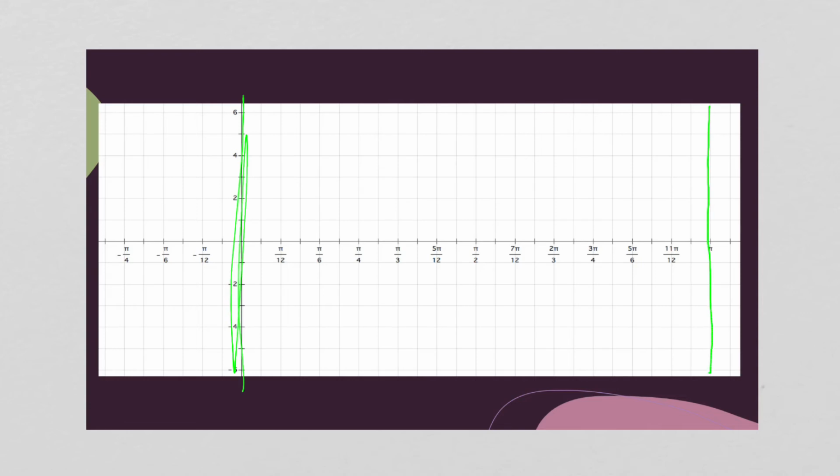So cotangent would normally look something like that, right? Okay? So our period we're going to use between 0 and pi as our parameters, and that will help us find our period.